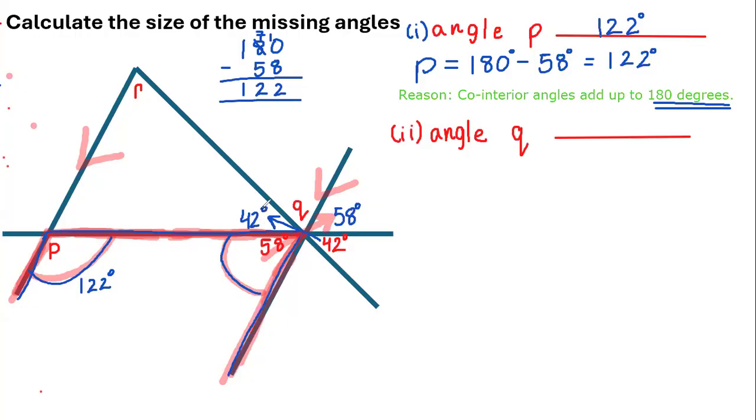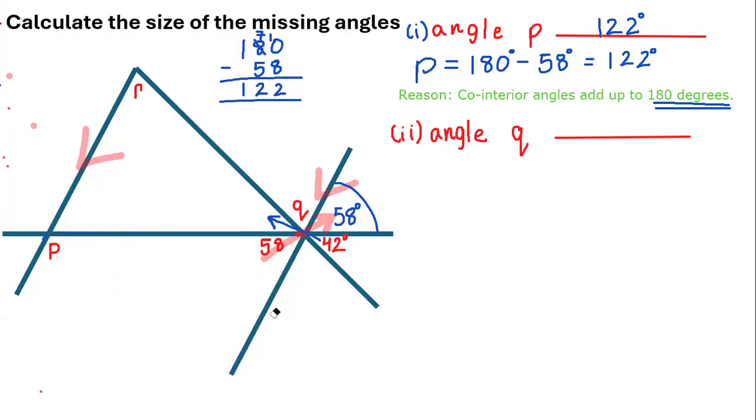So this is 42 and this is 58. Let me clear everything up so y'all can see how this diagram pans out.